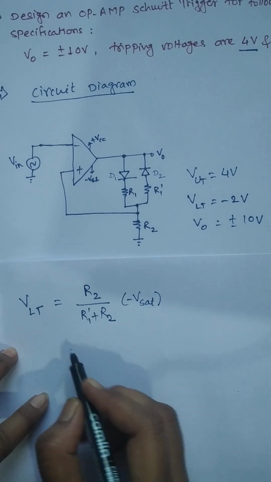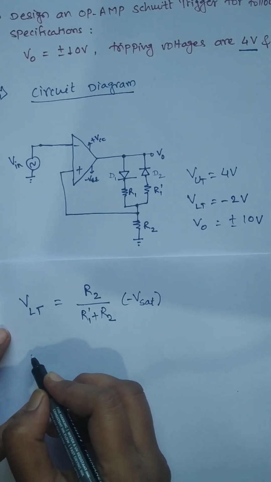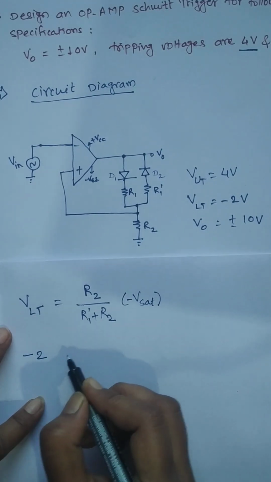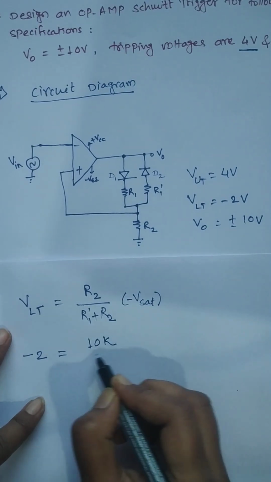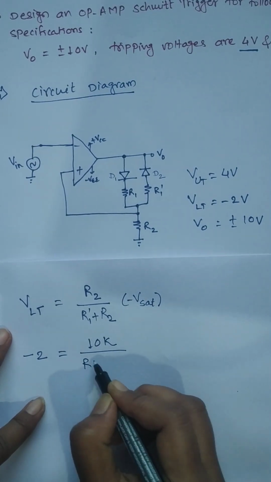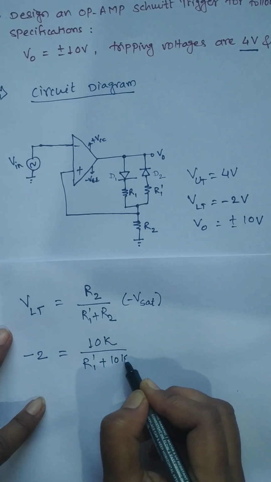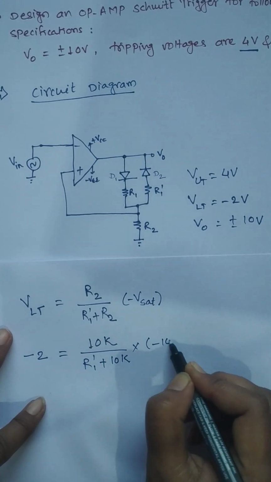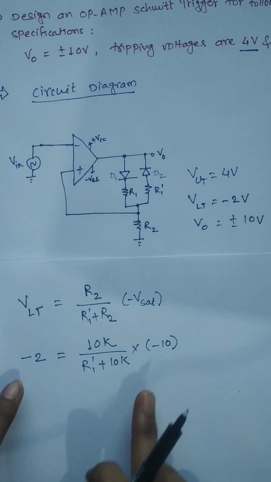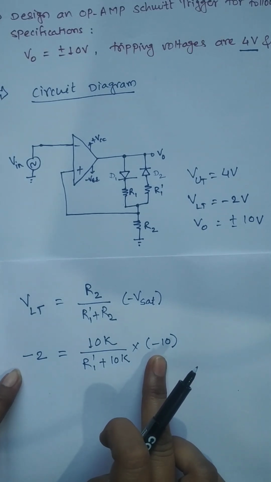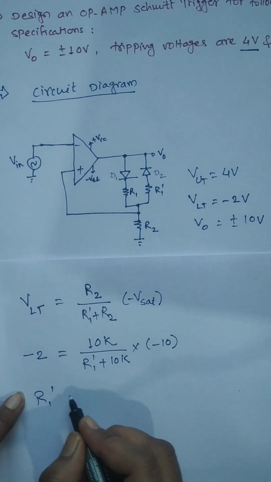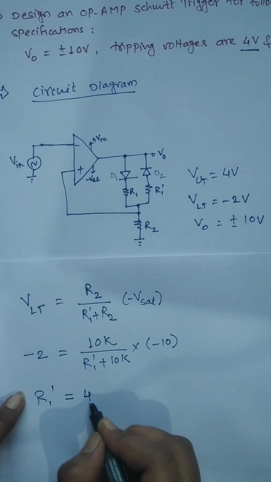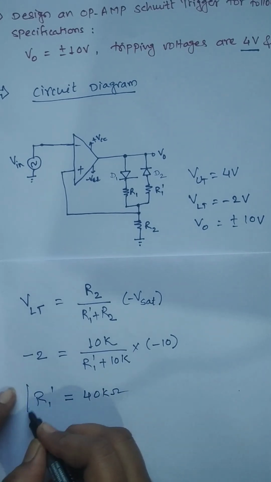So let us put the values. VLT value is given as minus 2. R2 value we have already assumed as 10 kilo ohm, R1 dash needs to be calculated, multiplied by minus 10. So the minus will get cancelled, and after solving this we will obtain the value of R1 dash, which is equal to 40 kilo ohm.